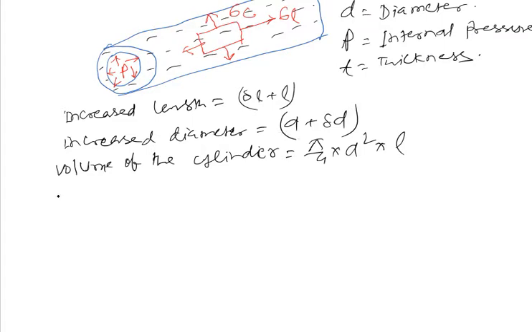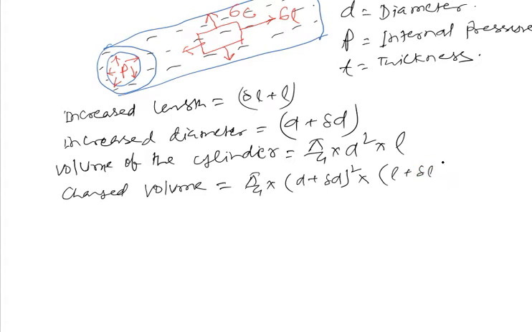So after the change in length and diameter, the changed volume, which is the final volume, will be pi by 4 into (D plus delta D) whole square into (L plus delta L).